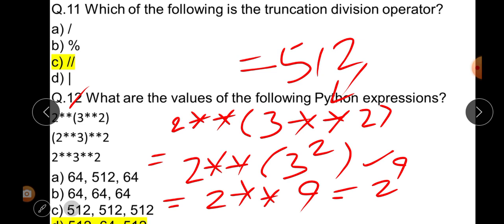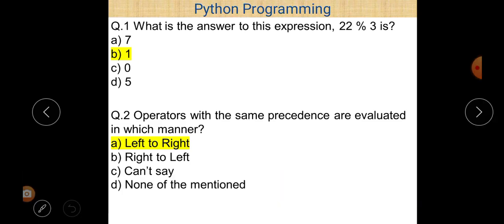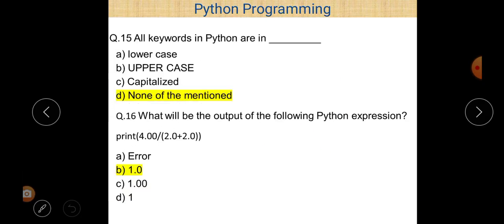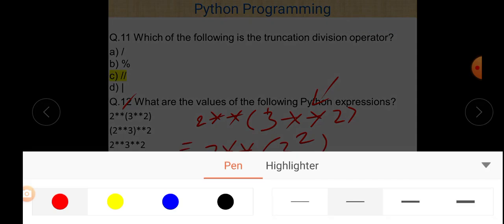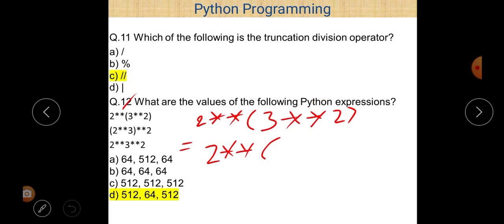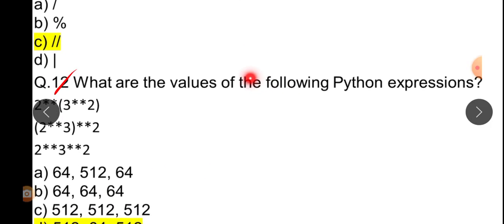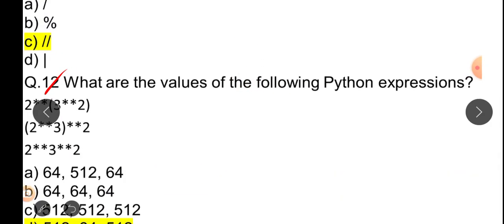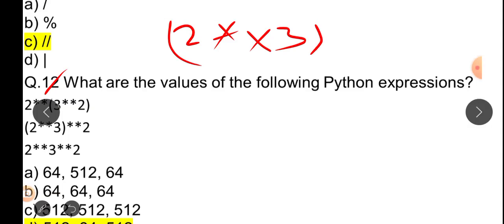Now let's check the second expression. In the second expression, only the bracket is changed. So according to the rule we have to solve the bracket first, that is the parentheses. Now the expression is 2 star star 3, given in parentheses, then star star 2.